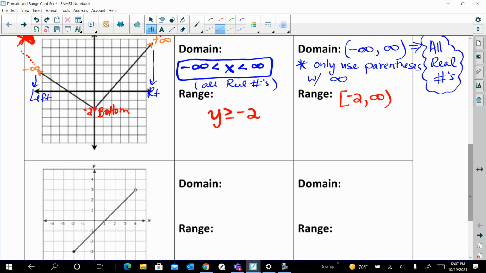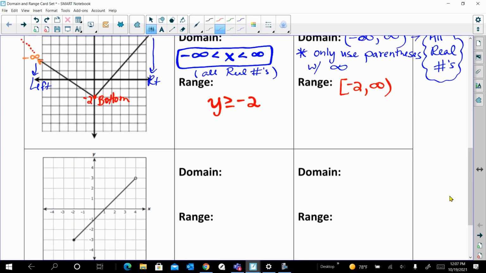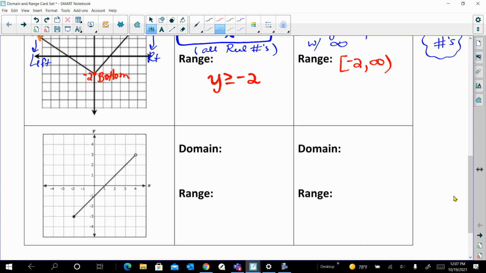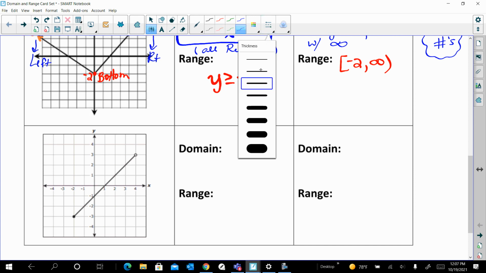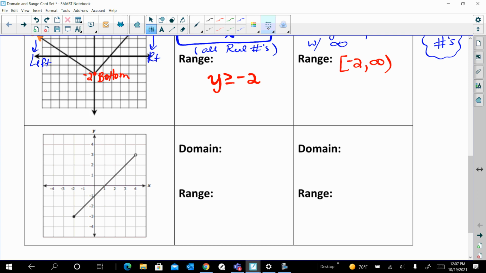All right, so let's look at this last graph on this page. For domain, where is the left of the graph? Look at your graph. Where does it start? Aiden, where does the graph start for domain? -2.